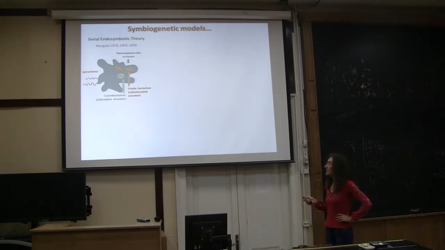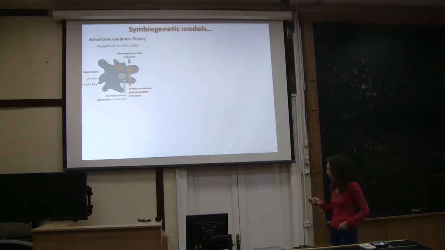But then she further proposed that the host that incorporated the ancestor of those organelles was itself derived from a symbiosis between a thermoplasma-like archaeon, that is a wall-less archaeon belonging to a specific particular group, the thermoplasmatales, and the spirochetes, which would have provided the motility to the assemblage and would have become flagella. Okay? This is highly debated and not many people believe in this.